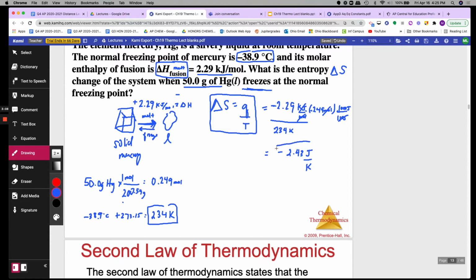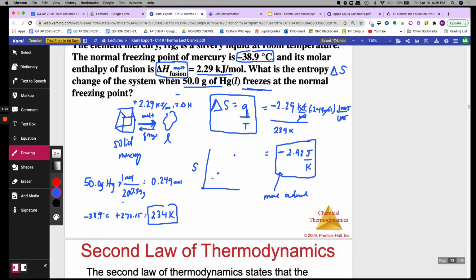Okay, now what does this number mean? This is the change in entropy. So it's negative, meaning it became more ordered. Remember, you have entropy here, the S. It goes from solid at 0 entropy, liquid has higher entropy because it's more random, and gas is more random.